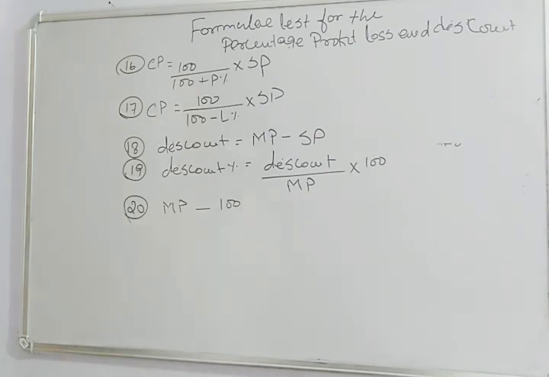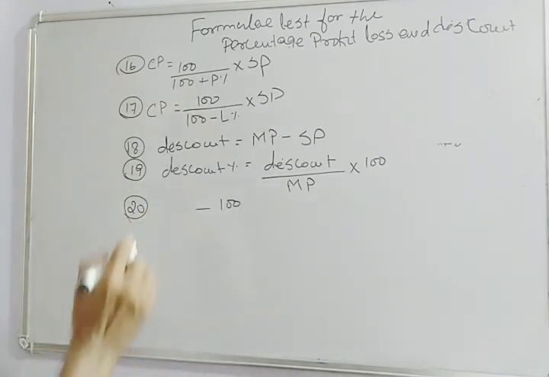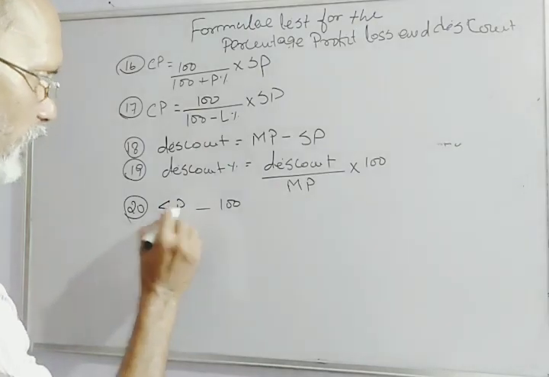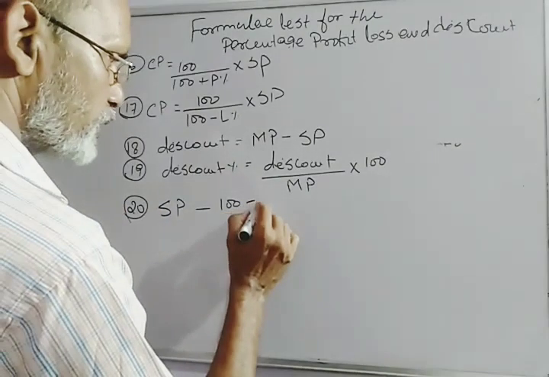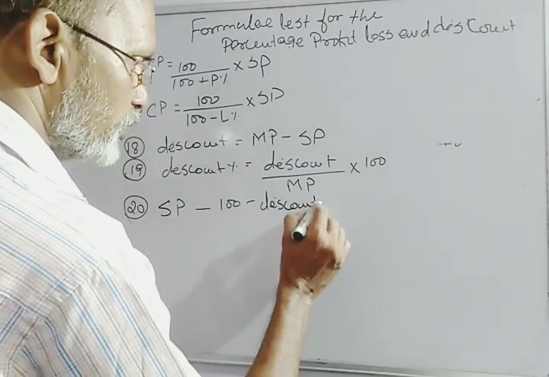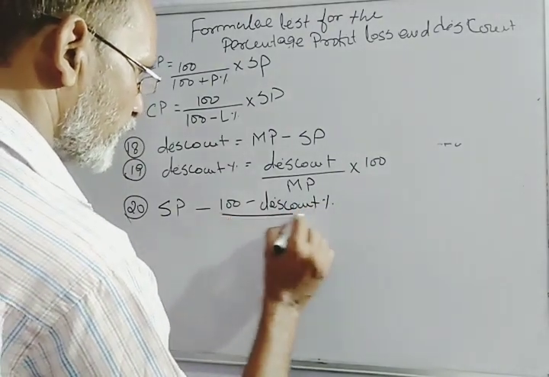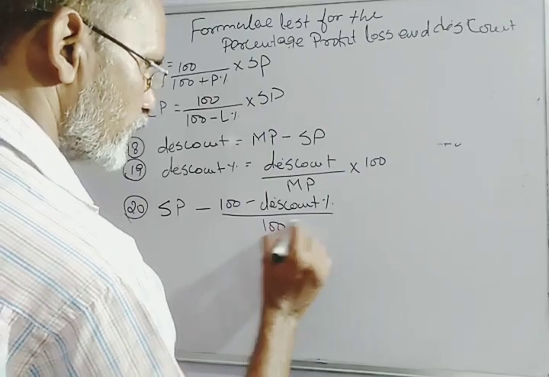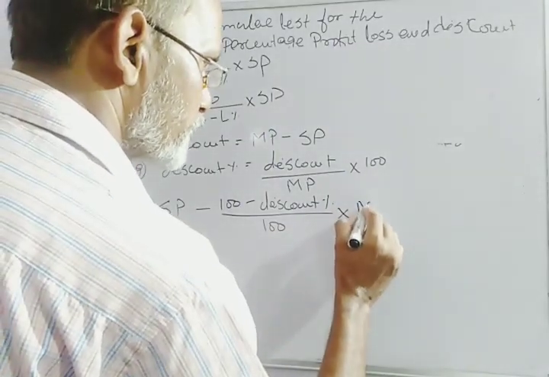First we have to find out the selling price: 100 minus discount percentage by 100 into mark price.